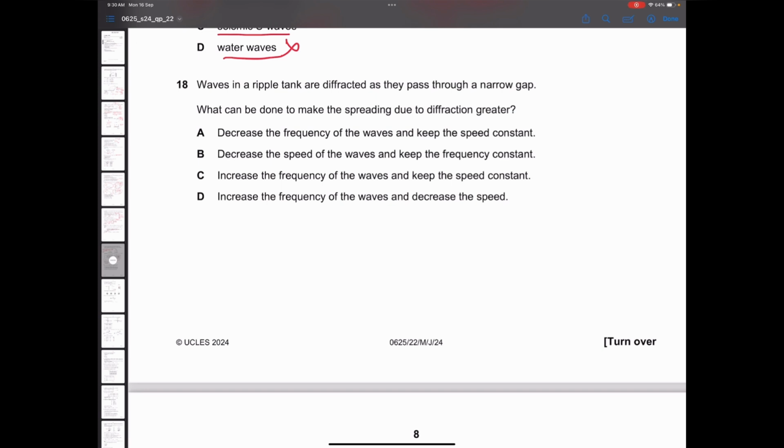Now, waves in a ripple tank are diffracted as they pass through a narrow gap. What can be done to make the spreading due to diffraction greater? So what we are trying to do is we want more diffraction.